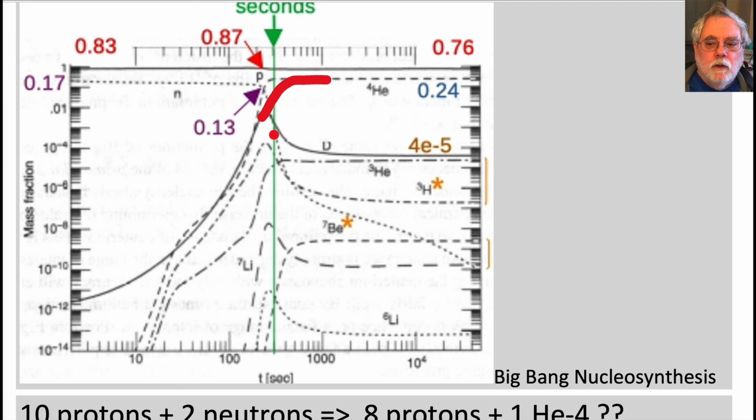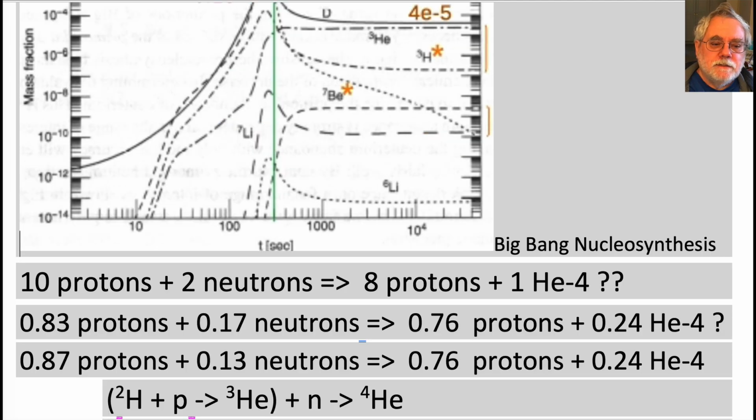Had there been no other fusion reactions, the final mass fraction of deuterium would have been 0.24. But there were other reactions. At these temperatures, a deuterium nucleus can fuse with a proton, overcoming electrical repulsion, to produce a helium-3 nucleus, which can then fuse with a neutron to produce a helium-4 nucleus.